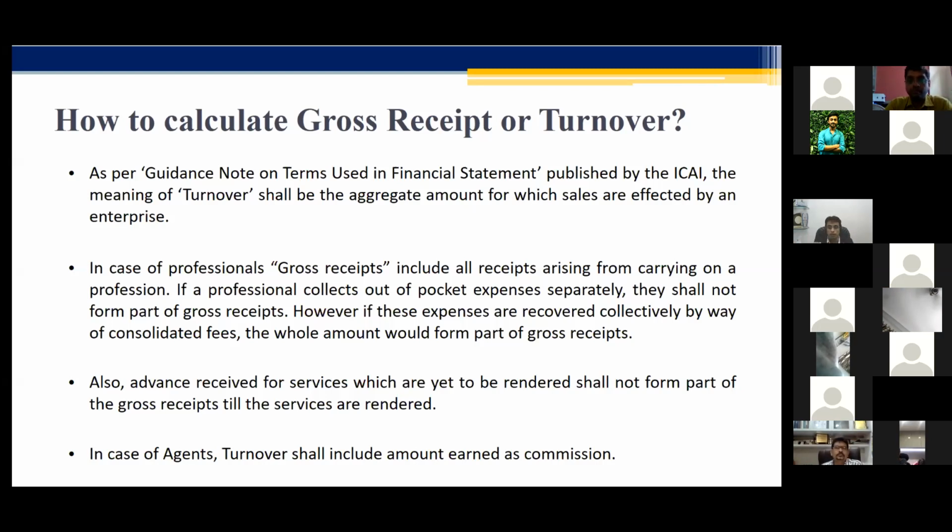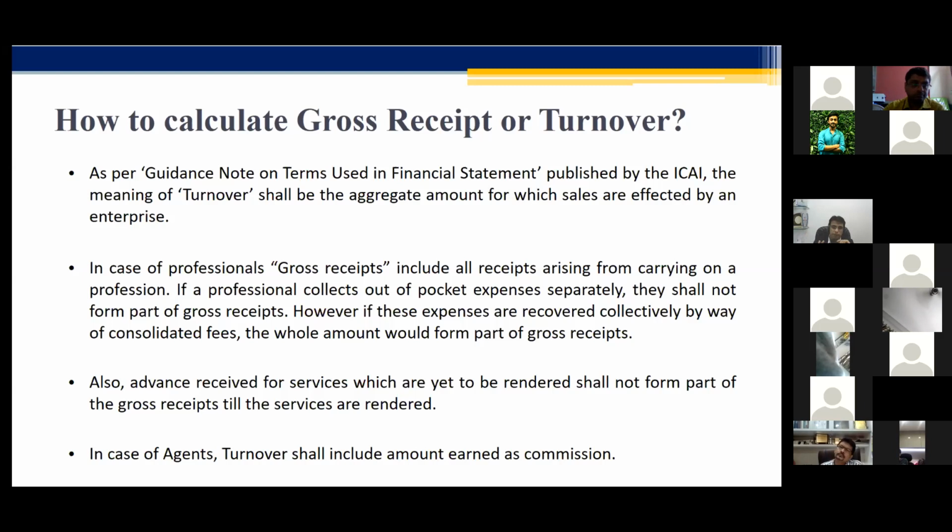All advances received for services which are yet to be rendered shall not form part of gross receipts. So again, advances are not included, even though in case of professionals we are all following the cash basis. Only because I'm following a cash basis, the cash receipt does not become my income.